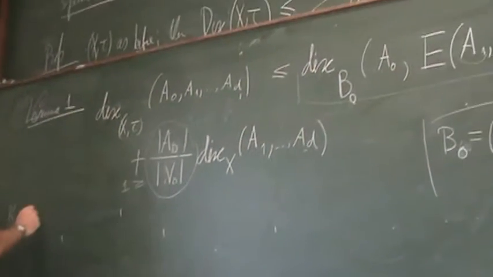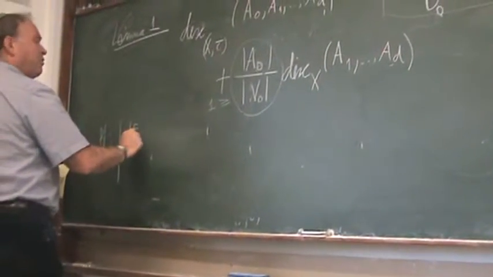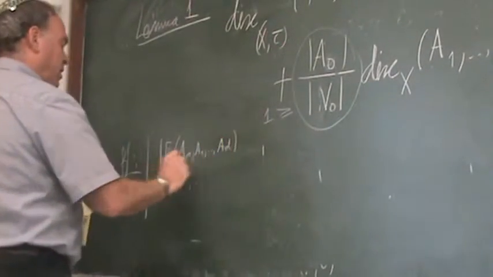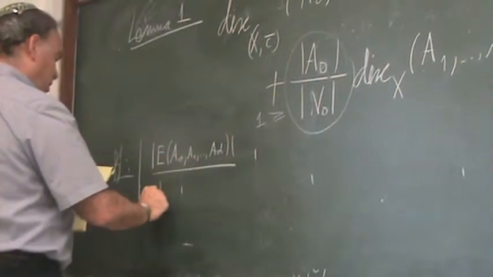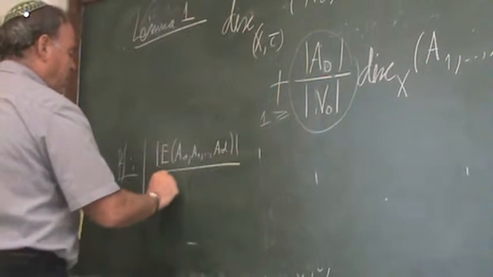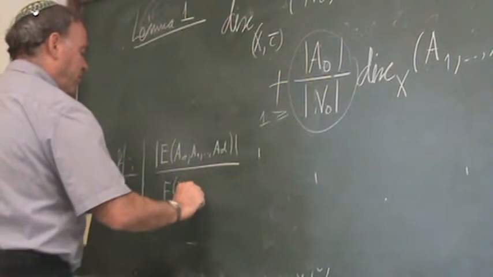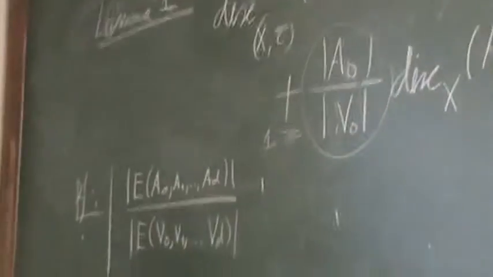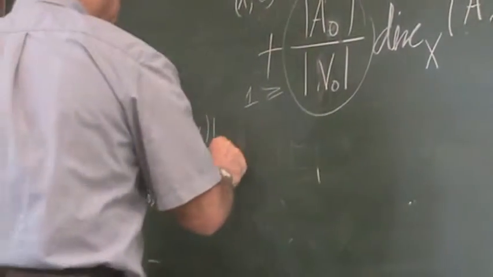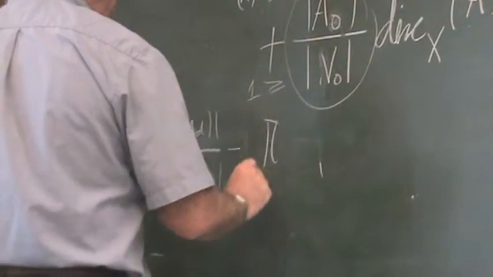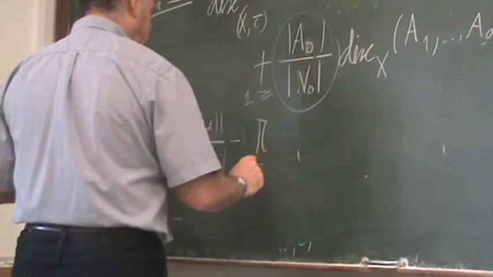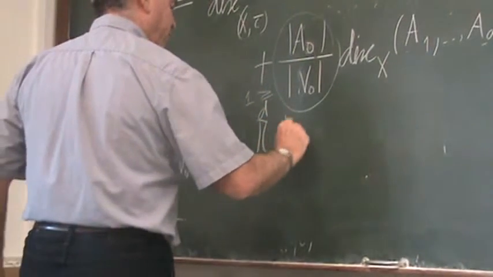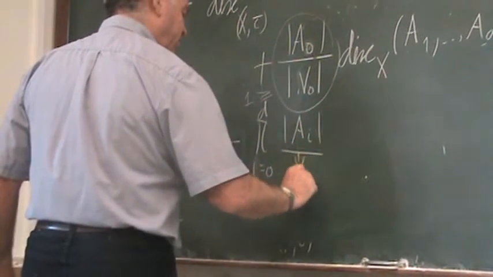By definition, this is the size of E(A_0, A_1 up to A_D) divided by E(V_0, V_1 up to V_D), the total number of edges, maximum faces, minus the product, i going from 0 up to D, of A_i divided by V_i.